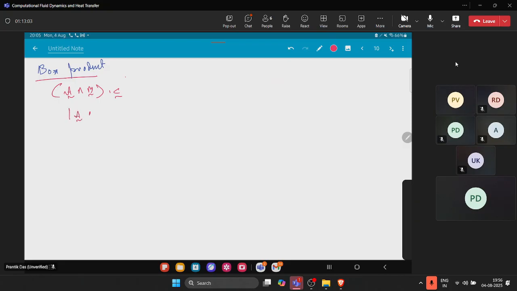So magnitude of A cross B, C, and this is cos phi, the angle between the vector which is perpendicular to both A and B and the C vector.